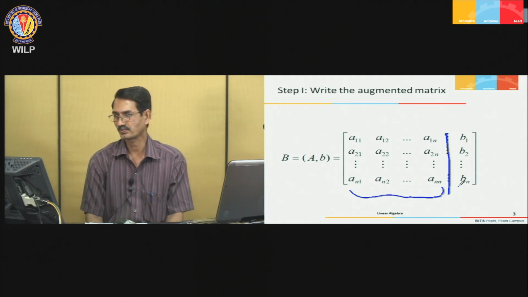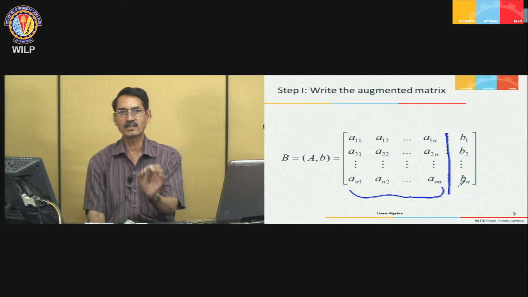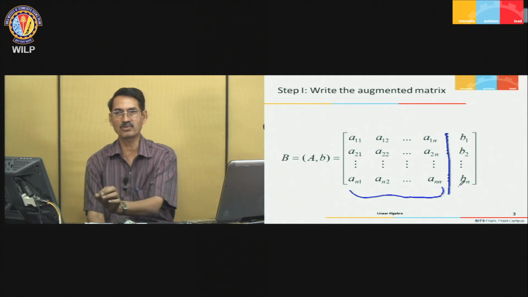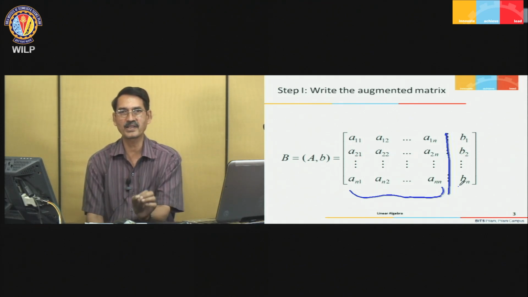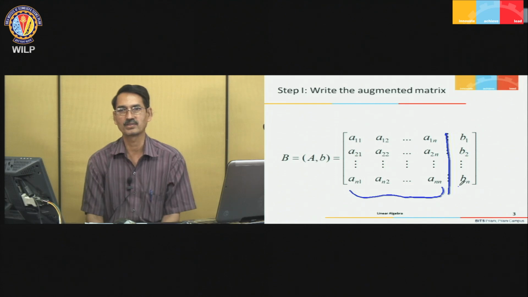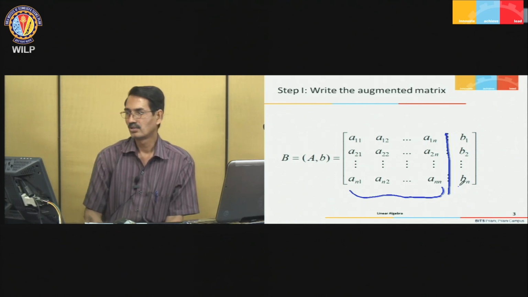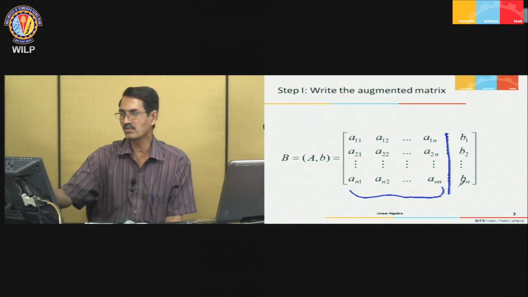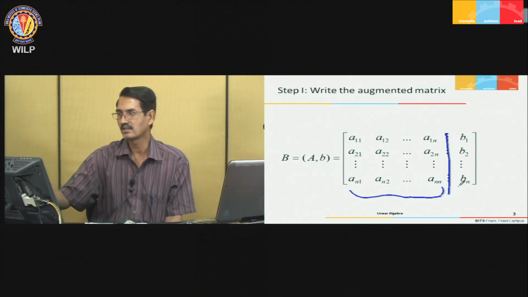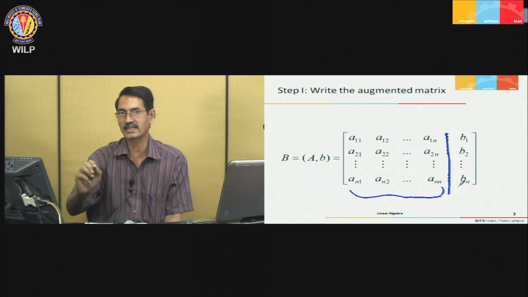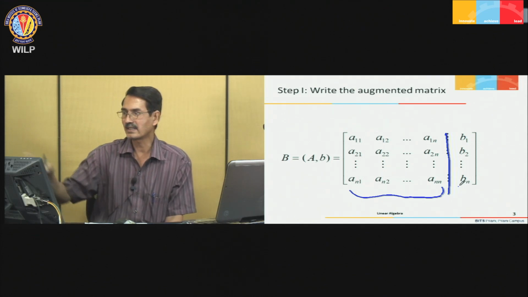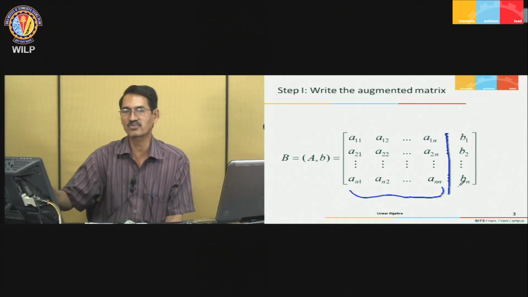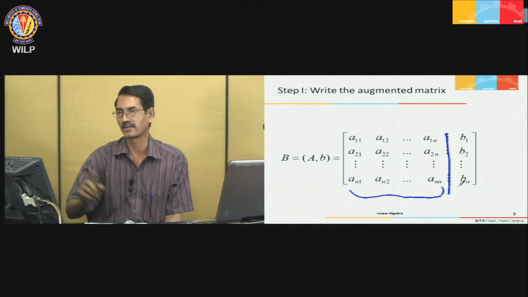So, first step is that if n equations, n unknowns are given, write the corresponding augmented matrix. Very simple. First you write the coefficient matrix. First row will be a11, a12, a1n, second row a21, a22, a2n, and so on and so forth. Nth row is an1, an2, ann. So, this is the coefficient matrix A. Then write one more column in this matrix, that is b1, b2, bn.